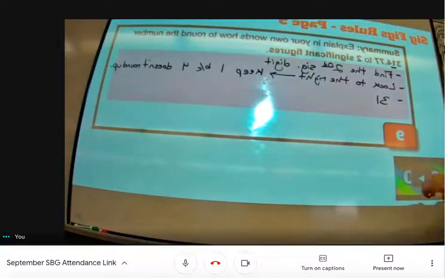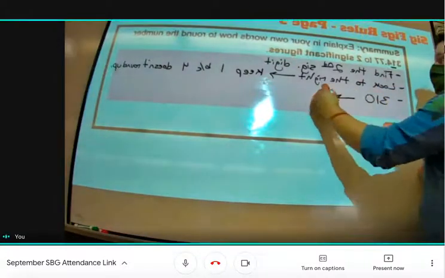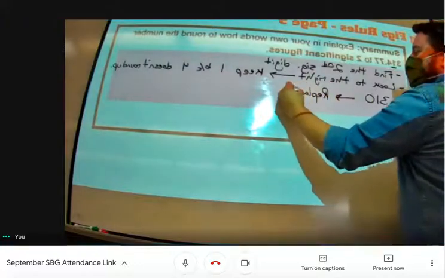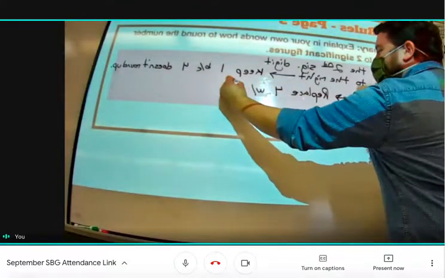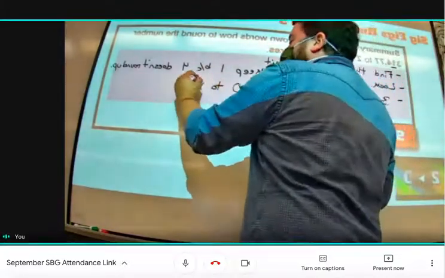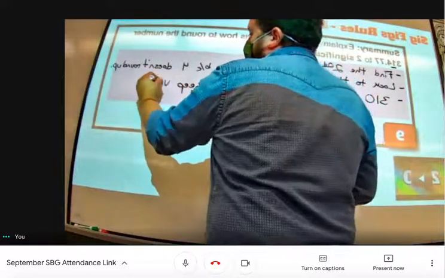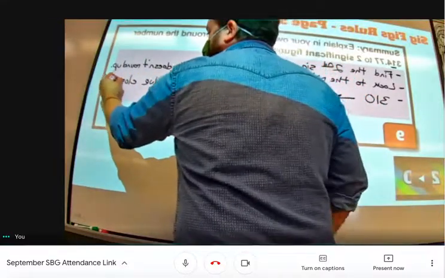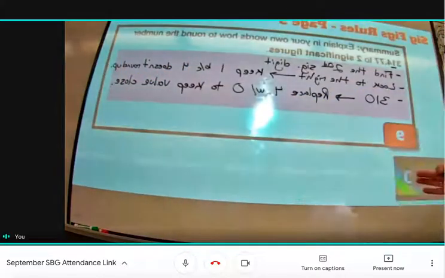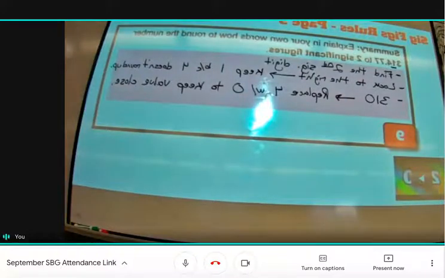That is completely acceptable. Or we could just zero. Right? We're going to replace 4 with 0 to keep the value close. So if you change it to scientific notation, 3.1 times 10 to the 2, totally awesome. Keep that. Don't change it. But you could also do it this way.